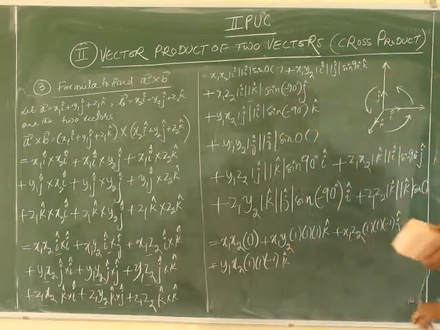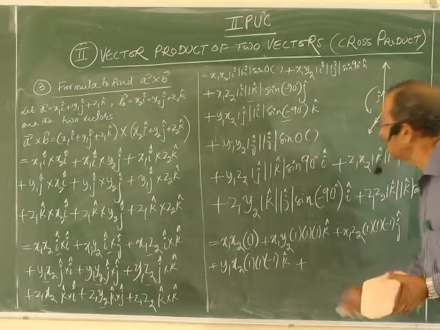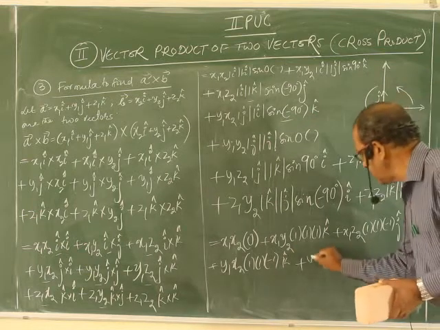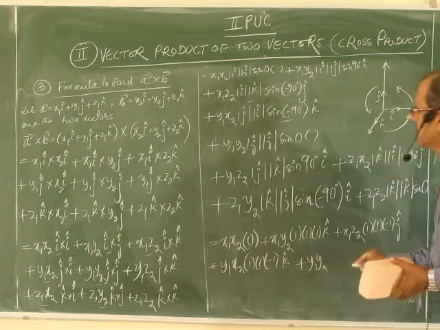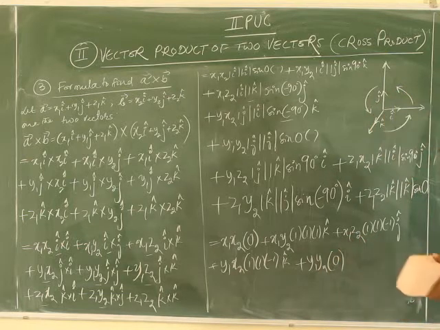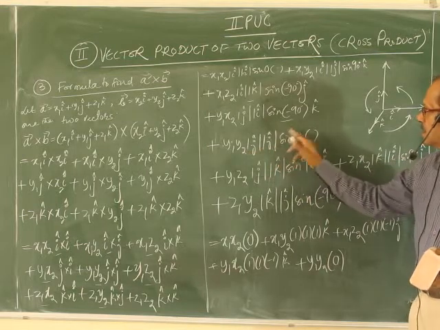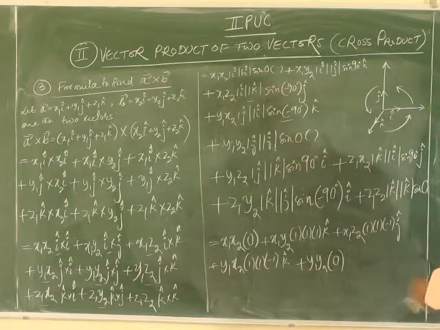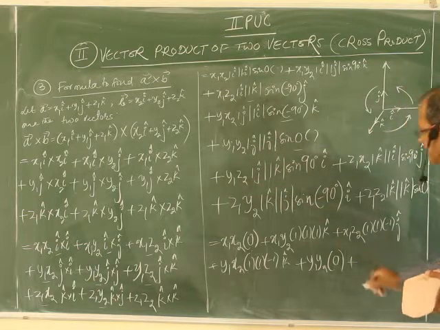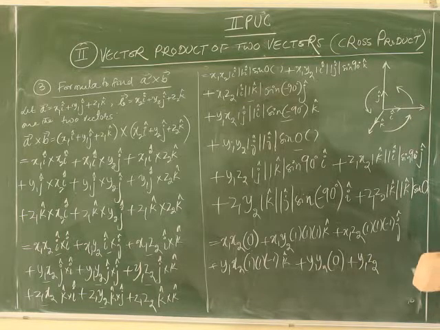Correct, no? See it carefully. This one over. Plus y1 y2, 1 into 0 into anything 0. Come to the next one. Plus y1 z2, 1 into 1 into sin 90, also 1, i cap.